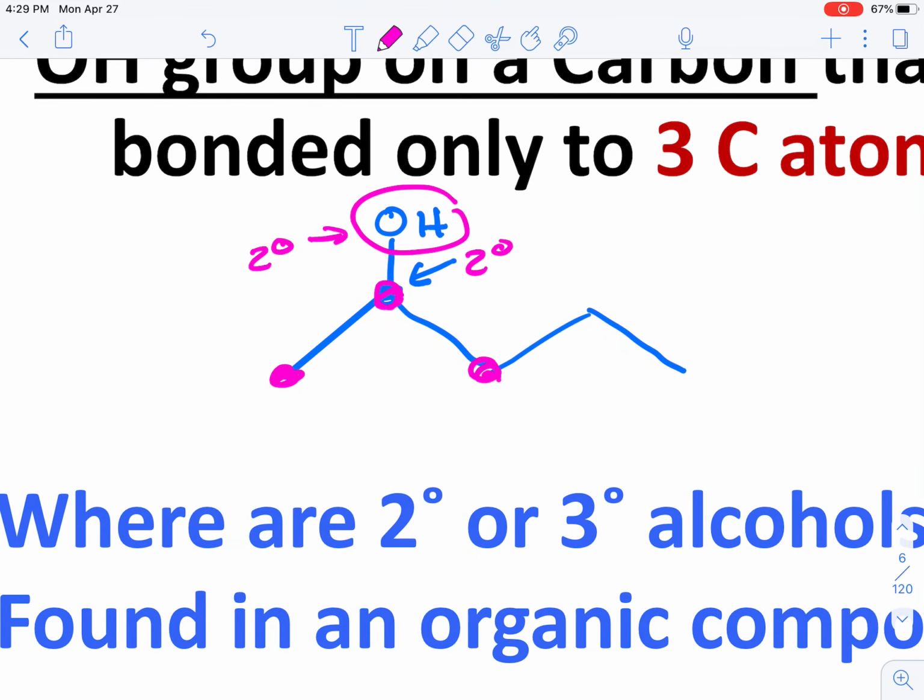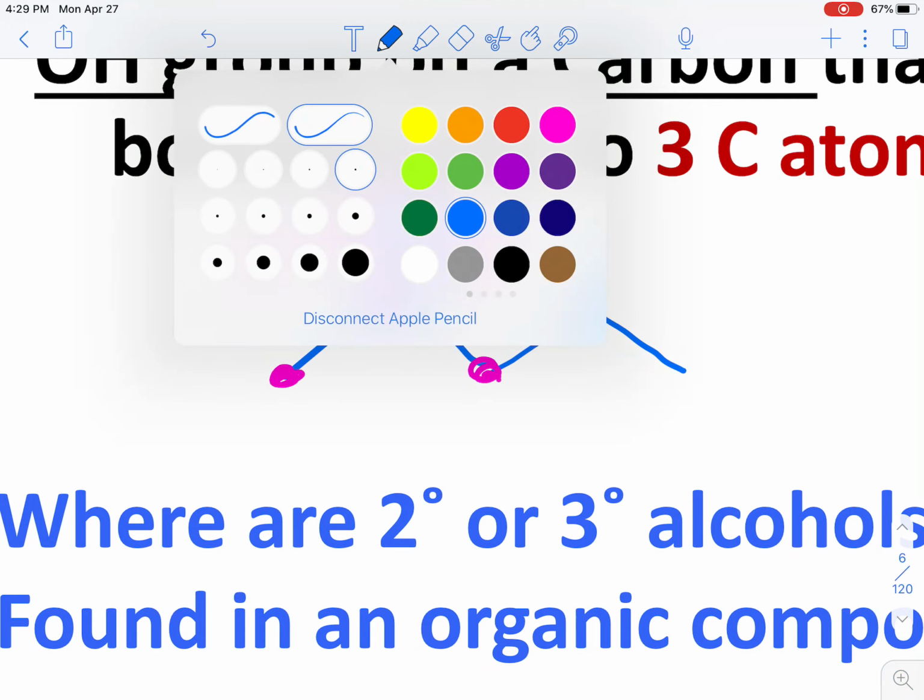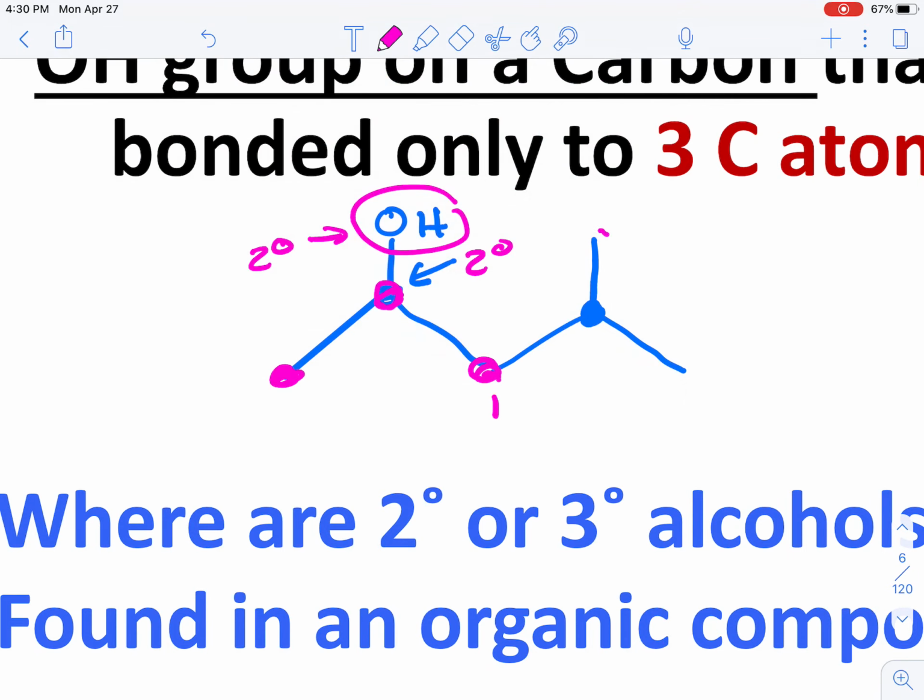So the same holds true for tertiary alcohols. For example, we can have, let me just draw this in blue, a molecule that looks like this. So this carbon is covalently bonded to 1, 2, and 3 other carbons.